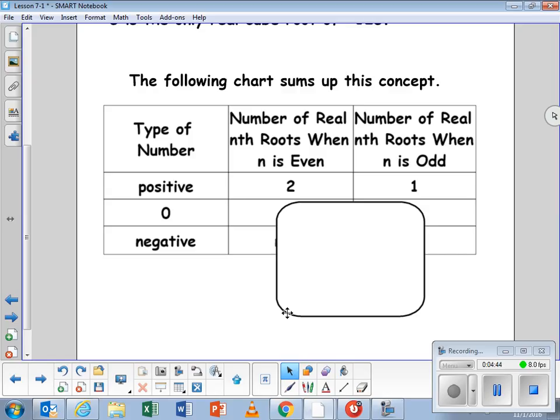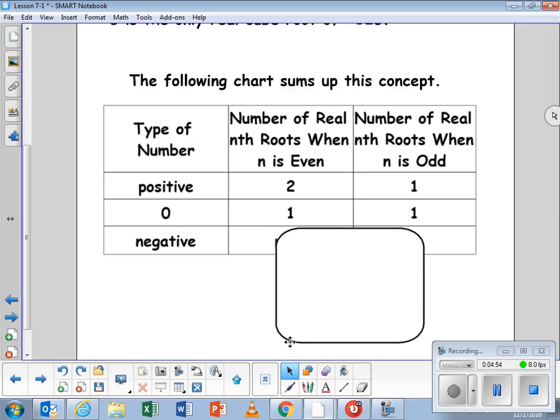Moving down. If our number is 0, how many real roots are there? 1. The fifth root of 0 is 0. The sixth root of 0 is 0. Okay? So there's just one either way. Now, if it's negative, and my power is even, how many real roots were there? 0.